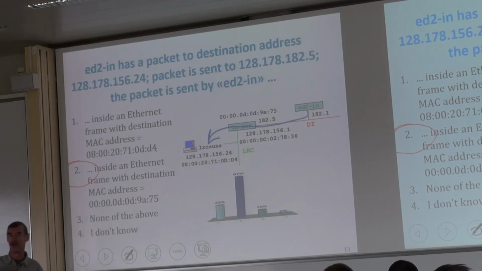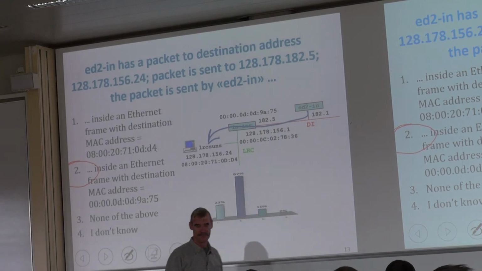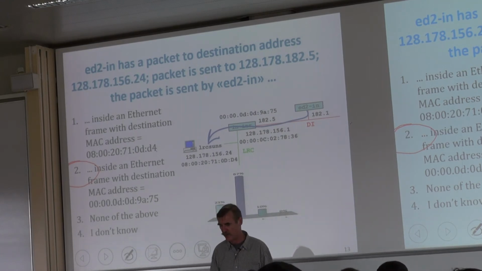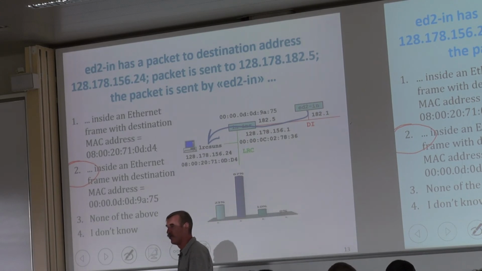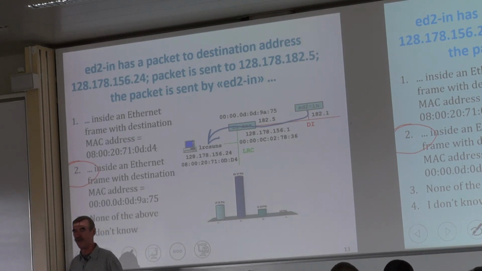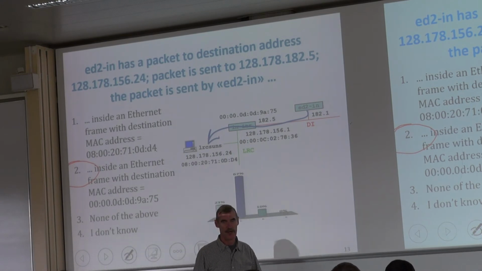When you're a router and you send, you also do ARP and all the like, but for the next hop. So ED2-IN will do an ARP request to find the MAC address of the router. Because if you remember what you've done in configuring in the lab, you've never given a MAC address of a router, for example. You give the default route, but you don't give the MAC addresses.